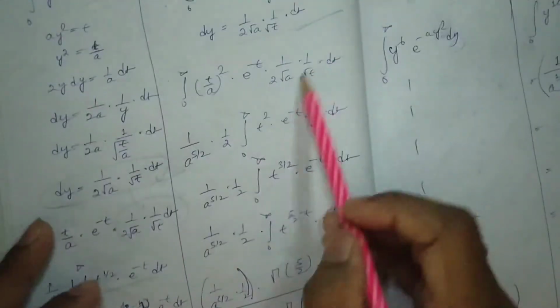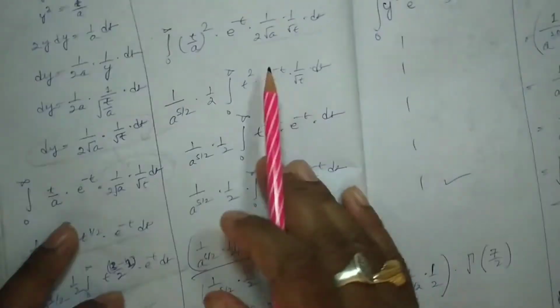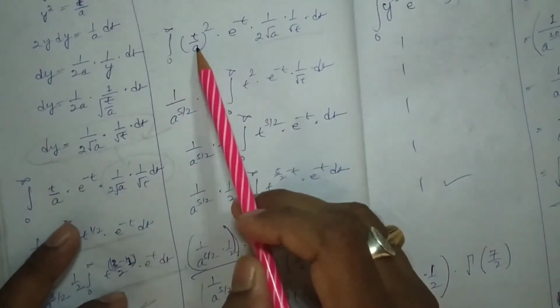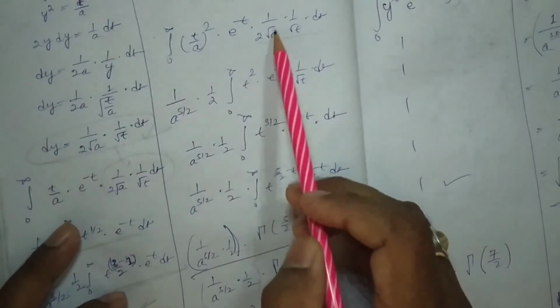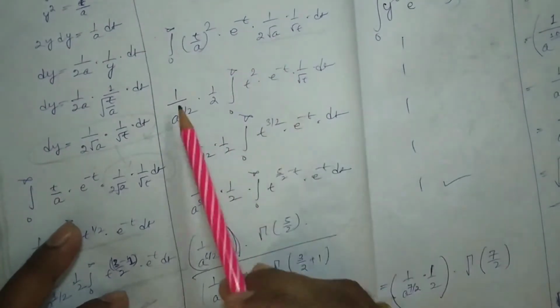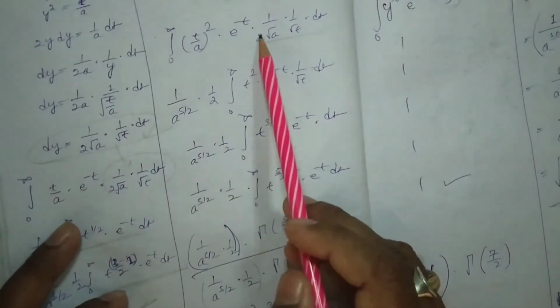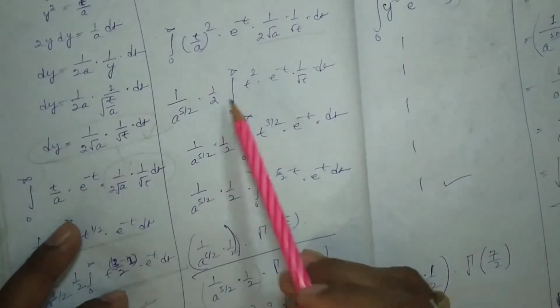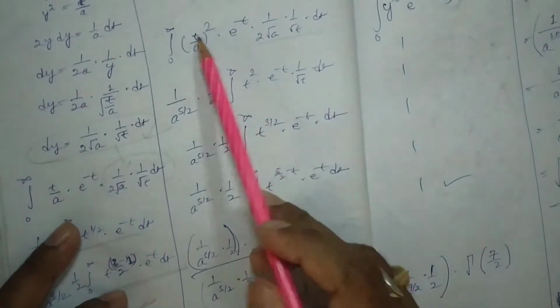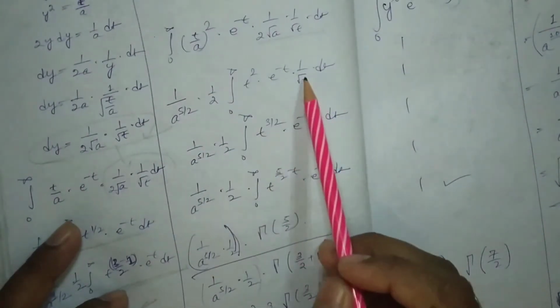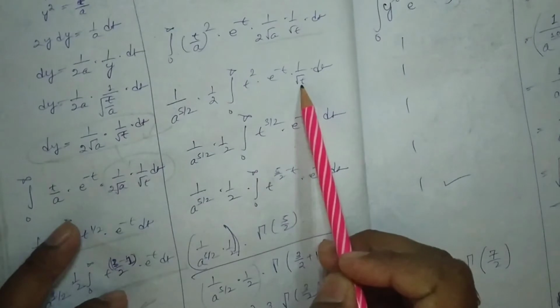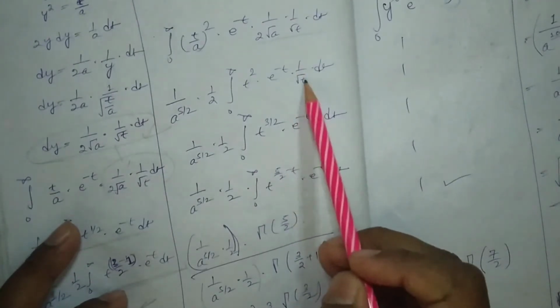Dy is this much, I have substituted it over here. Then you can see here a to the power 2, a to the power 1 by 2, so it will be a to the power 5 by 2. So 1 by a to the power 5 by 2 into 1 by 2, the 1 by 2 gone outside, integral 0 to infinity, t square is here, e to the power minus t, and here 1 by t to the power 1 by 2.